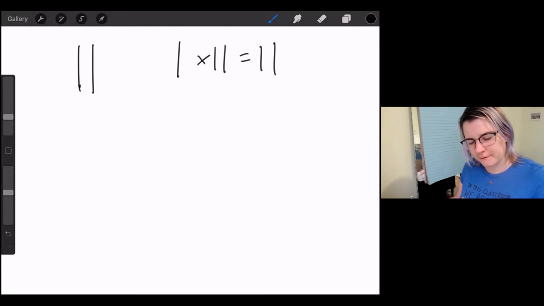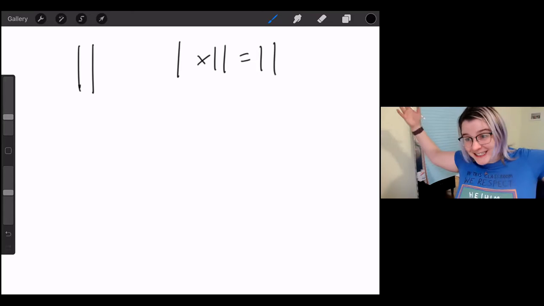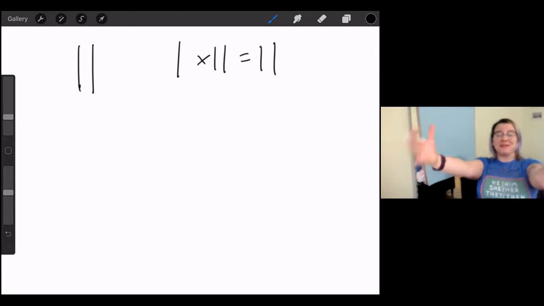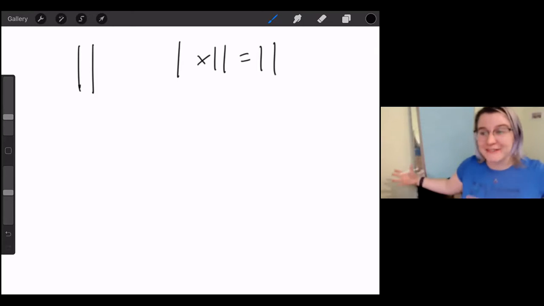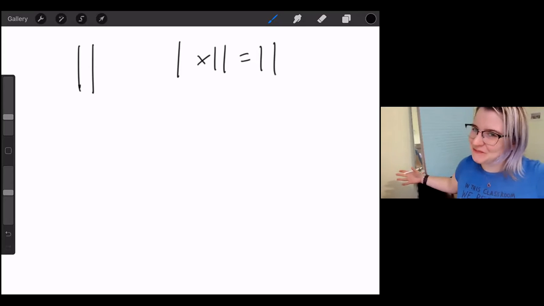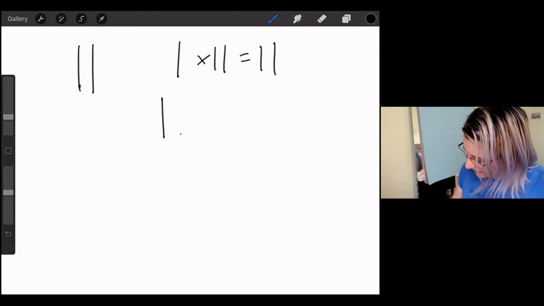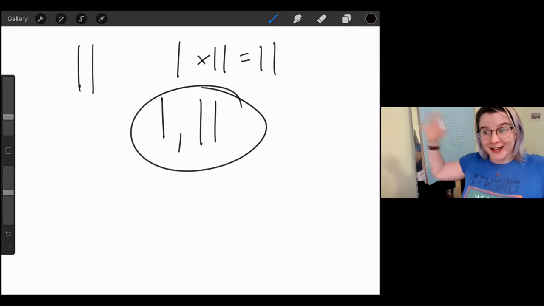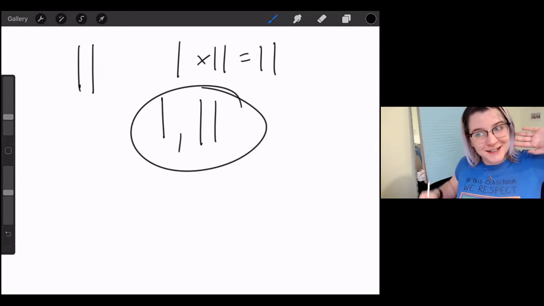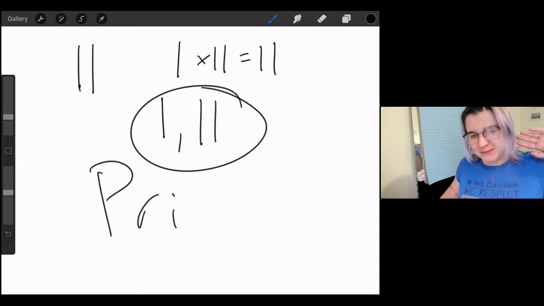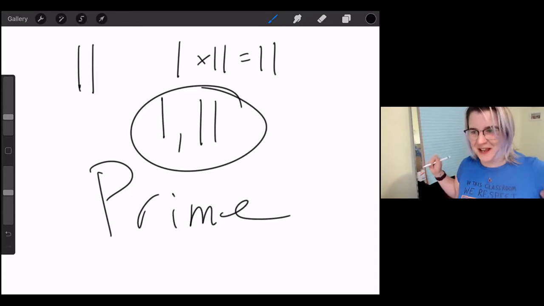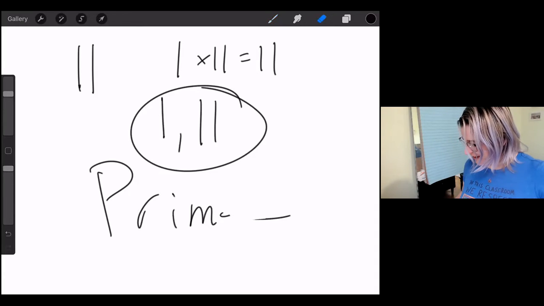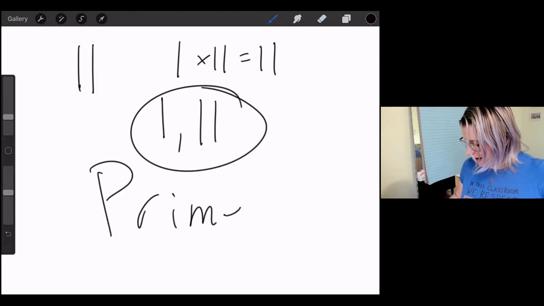Nope. 5? 6? 7? 8? 9 times something. Can we get 11? Nope. What about 10? Nope. Our only factors of 11 are 1 and 11, which makes it a prime number. I was not looking at the screen when I did that. That is not my best handwriting. A prime number.